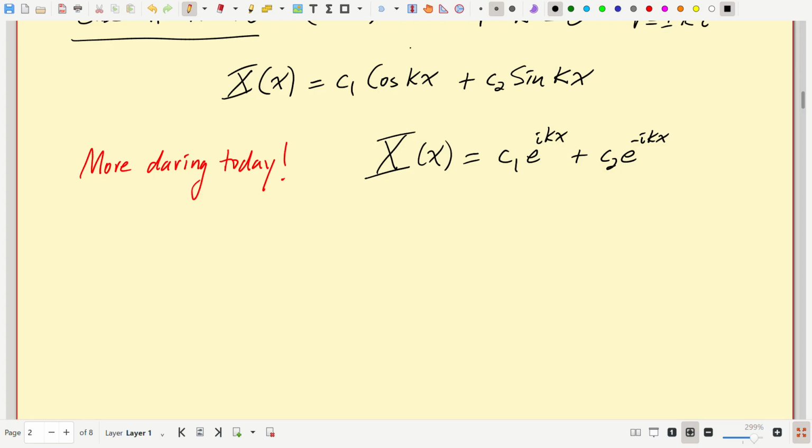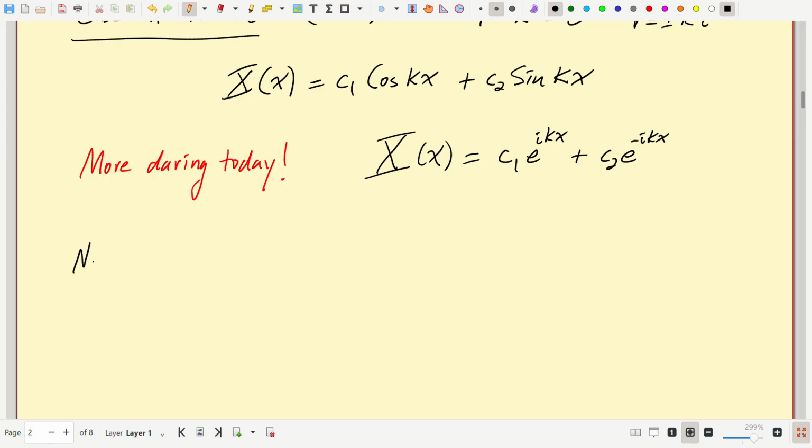At least they don't get too hot. They don't blow up. They keep wiggling far out, but that's going to be okay. In fact, we're going to need them to make the Fourier transform work. Okay, so now I've got some solutions, in the x at least.